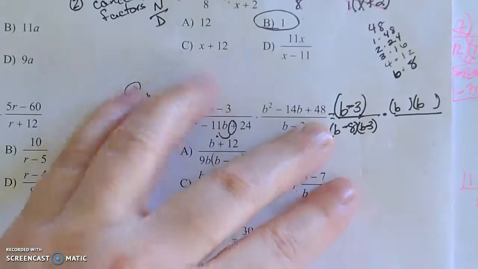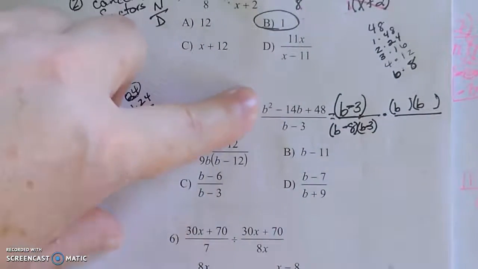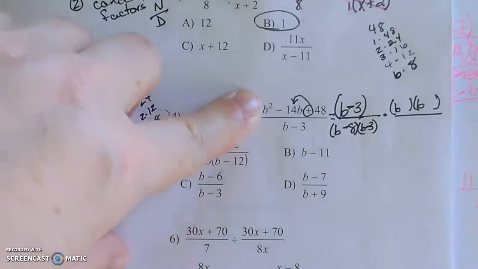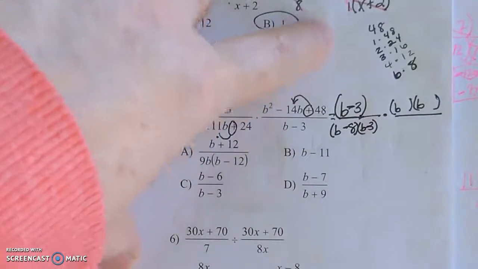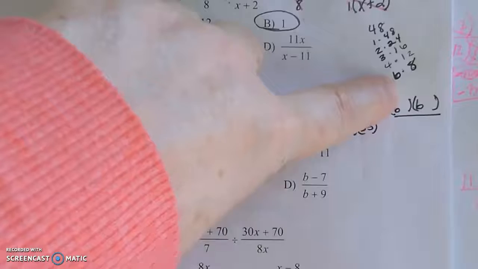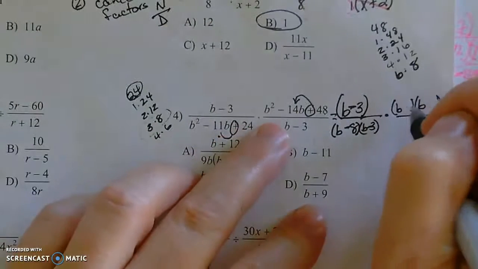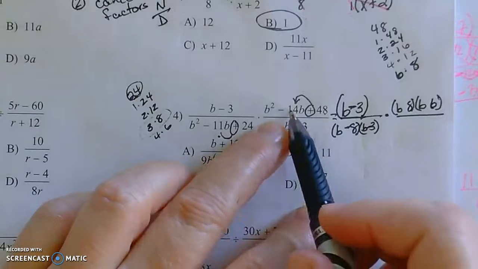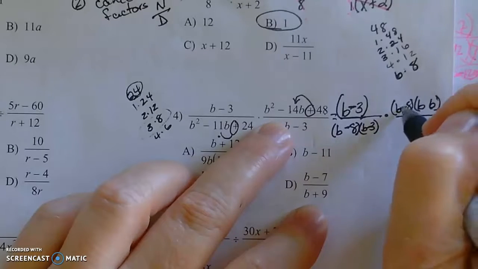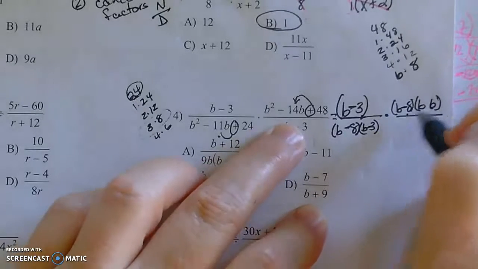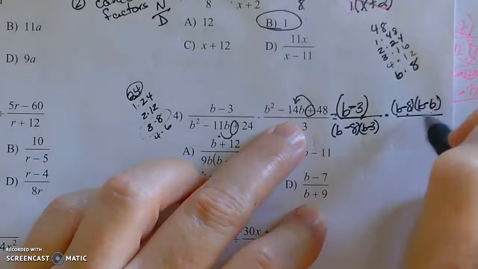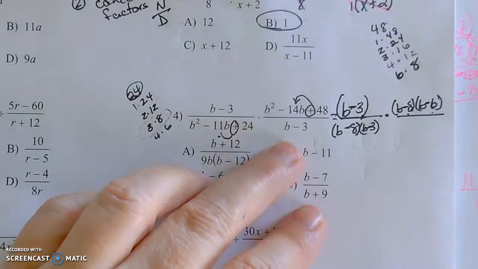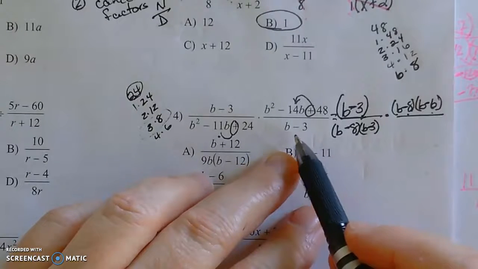Okay, all those are the factors of 48. This time I want to know which pair can I add together and get 14. So 6 and 8, you are correct. I'm going to put the big number first, my 8, then my 6, because the big number is going to get that first sign, so we get that minus sign. If I have a negative 8, this has to be a negative 6 so that they add together and give me negative 14.